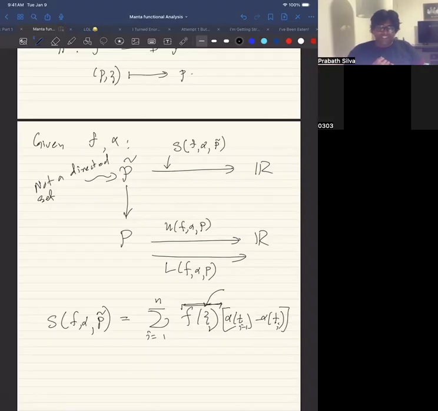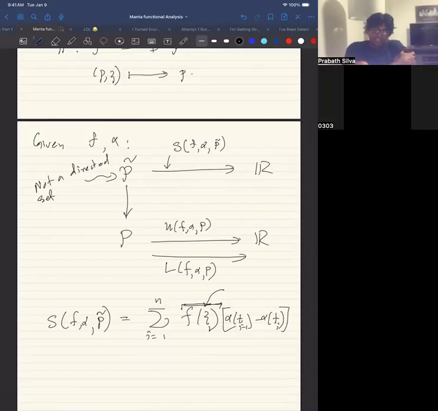Something defined on a directed set is called a net. Read through it; the analysis parts, all the estimates and all that, should be difficult. But the key part is that now you're paying attention to the directed set part. Okay, let me pause the recording.